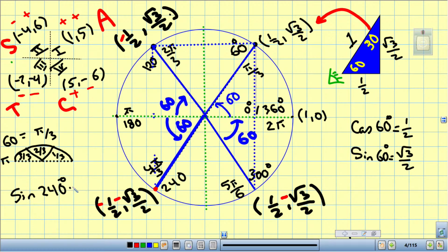What do you think I'm going to put here? Come on, you guys. This question's for all of us. Try to answer Kiera's quiz question. What is sine 240? Anybody? Any takers?